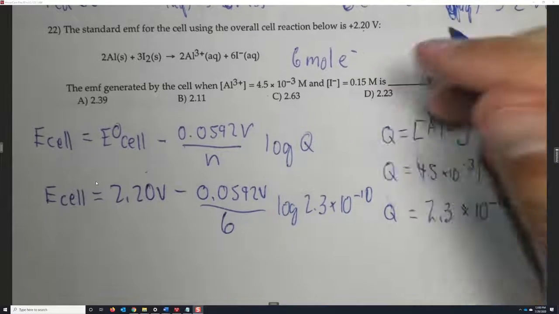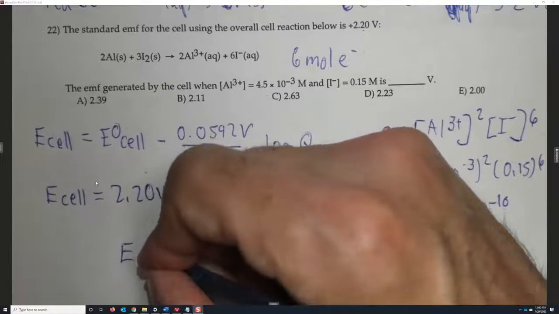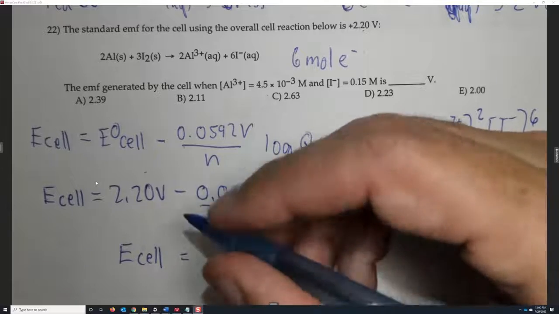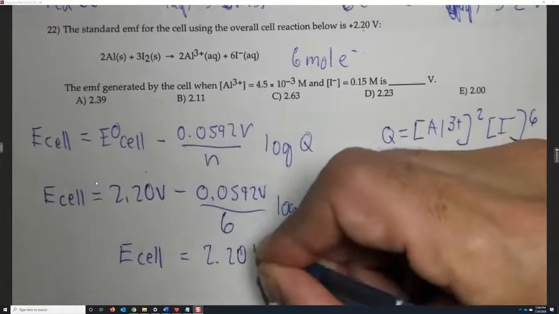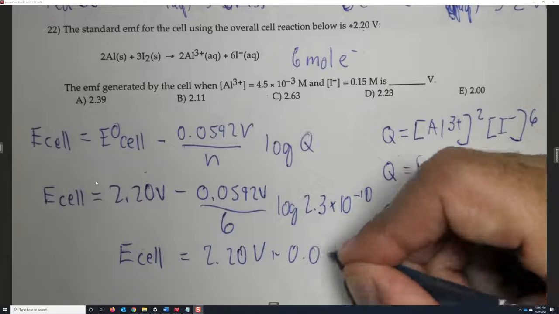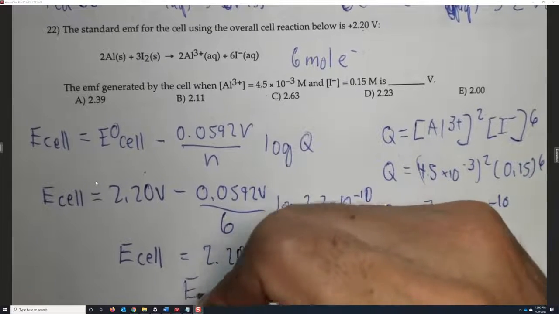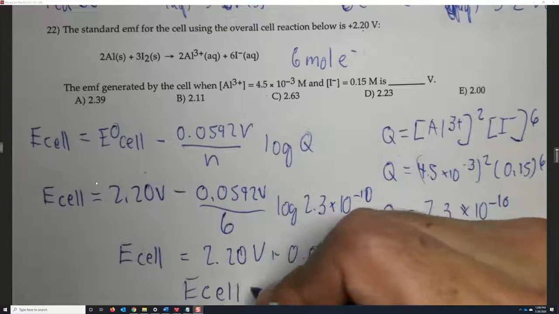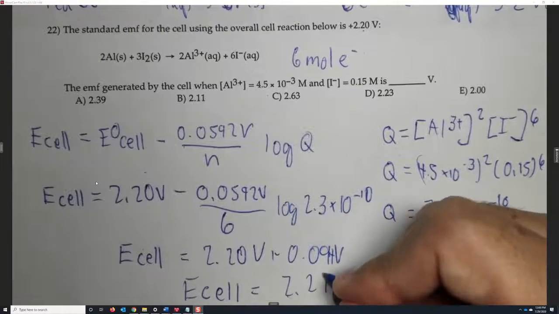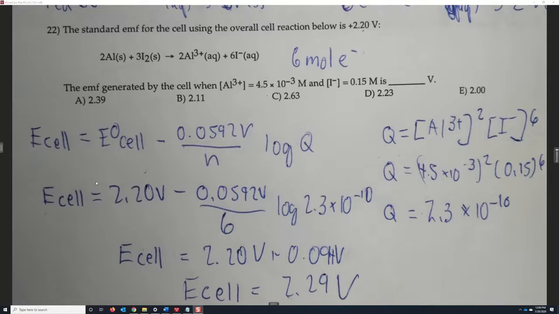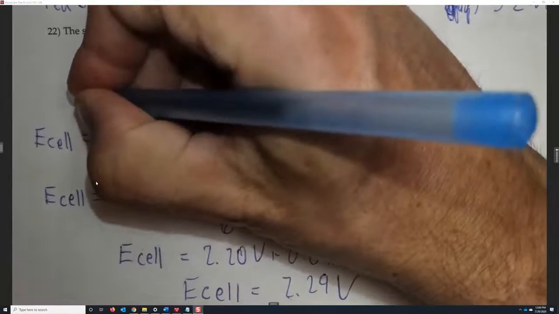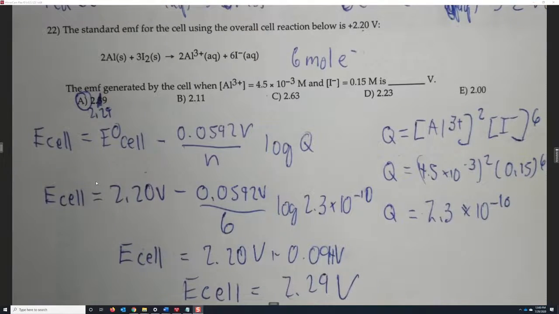When you do that math, you find that E cell equals 2.20 volts plus 0.094, should be a 4 volts, or E cell is equal to 2.29 volts, which is, I think, supposed to be choice letter A. All right, so this is basically how you do this.